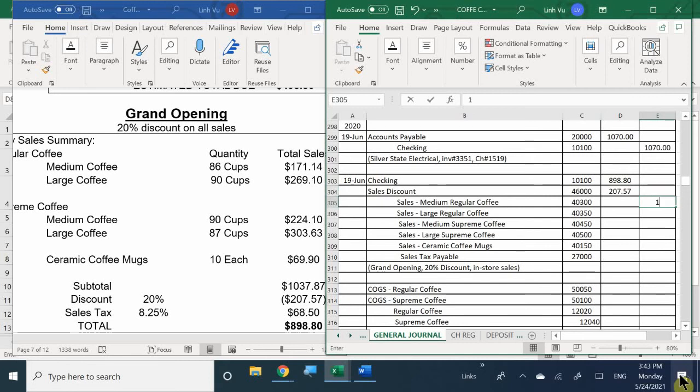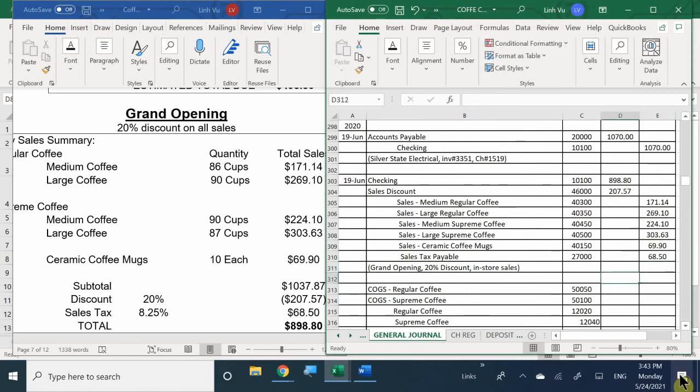Start with $171.14, $269.10, $224.10, $303.63, $69.90, and then $68.50.